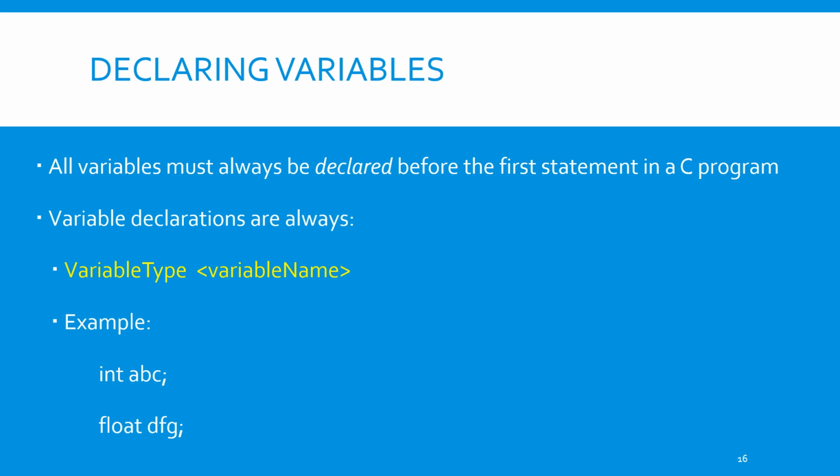For example, int ABC. Now, int represents the data type and ABC is the name we are giving for the variable. Example number 2, float DFG. Here, DFG is the variable name and float represents the data type the DFG variable is going to belong to.